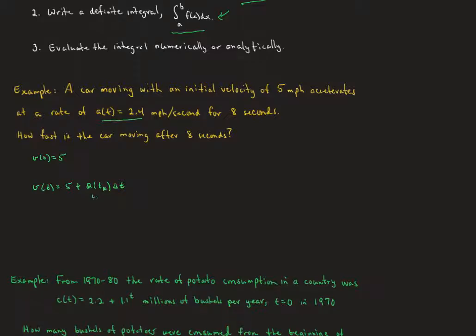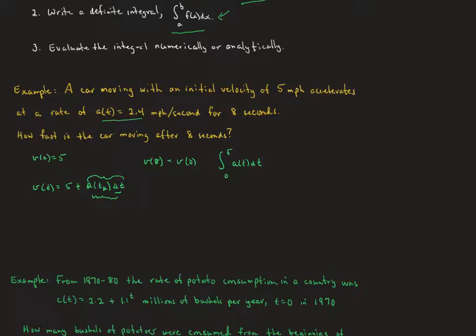And so this is going to represent how much our velocity is going to increase over that small increment of time. And then we're going to sum that up, and as the delta t goes to 0, we're going to get that our velocity after 8 seconds is going to be our velocity to start with, that velocity at time 0, and that's going to become an integral from 0 to 5 of our acceleration.